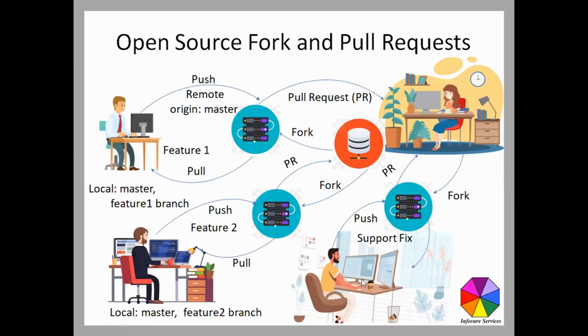He'll either bring the whole repository, that's called fork, or he can branch out and build some fixes and then push. Either way, okay, this is how open source works, mostly on fork and pull requests and so on.